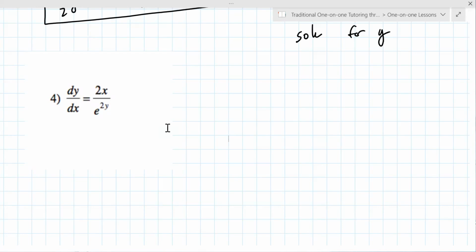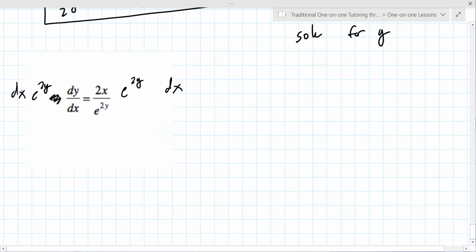All right, so you've got to separate the variables, and you generally multiply and divide. I mean, there are a few instances where you wouldn't. So if you multiply both sides by e to the 2y, and you multiply both sides by dx, you get integral e to the 2y dy equals integral 2x dx.